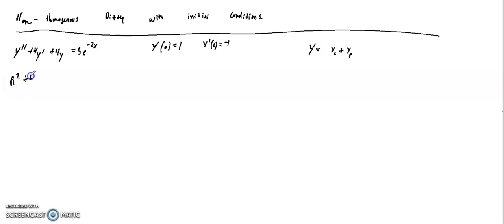r squared plus 4r plus 4. So 2 times 2 and 2 plus 2, so this is factorable: r squared plus 2r plus 2r plus 4, so r times (r plus 2) plus 2 times (r plus 2). And we got (r plus 2)(r plus 2).